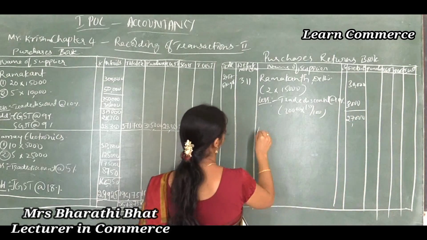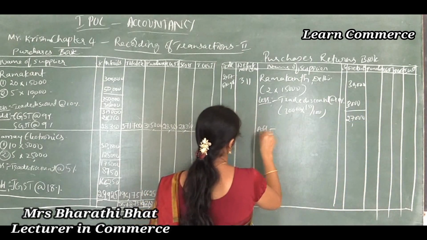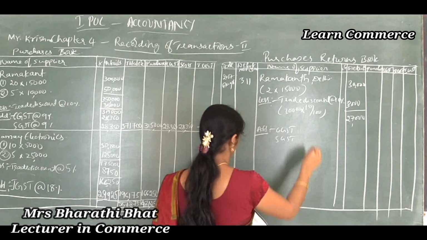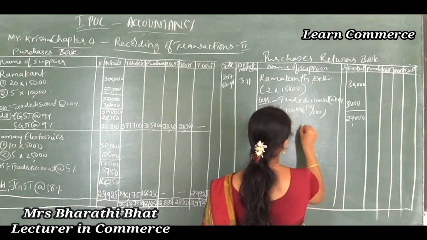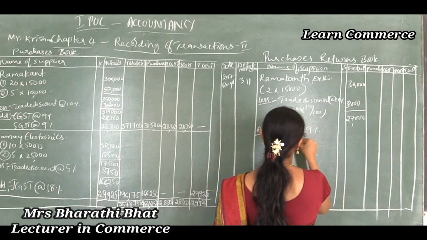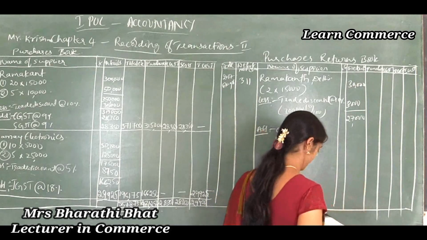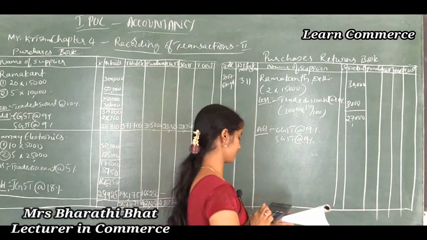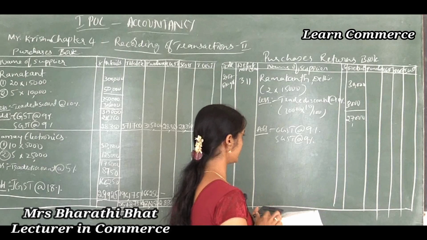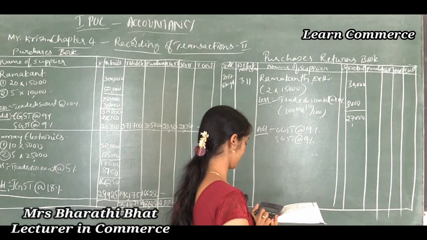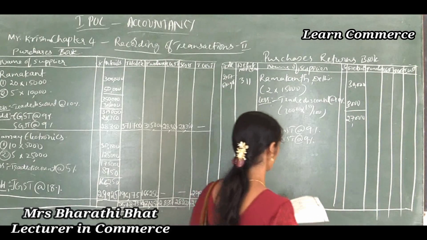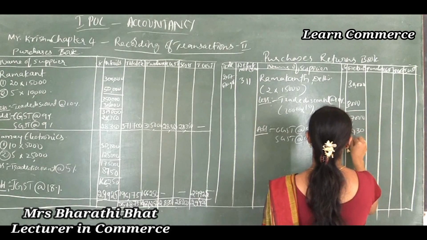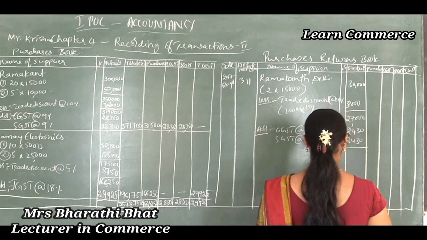Next we have to add again GST, CGST, SGST at 9% each. Okay, and calculate 27,000 into 9 by 100, 2,430. 2,430 and 2,430.